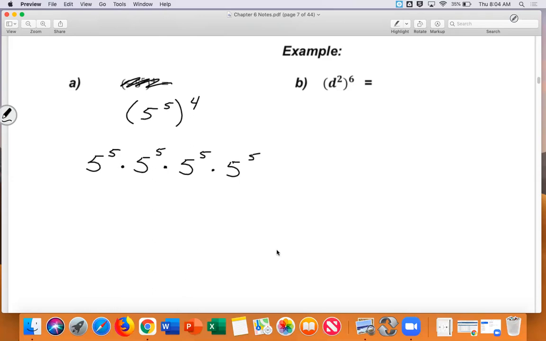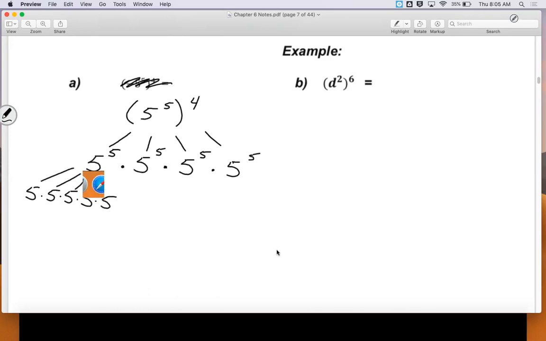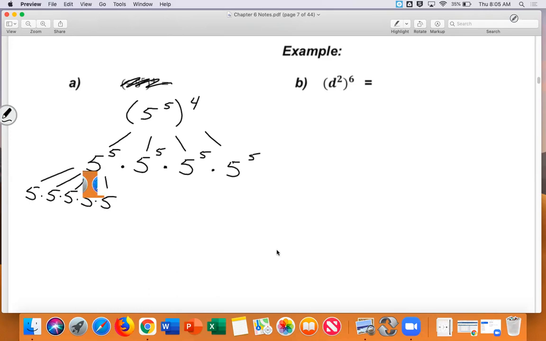So each of these, 1, 2, 3, 4, each of these means I have 5 times 5 times 5 times 5 times 5, times 1, 2, 3, 4, 5, right? See where I'm going with this? How many 5s do you think I'm going to have? 20.